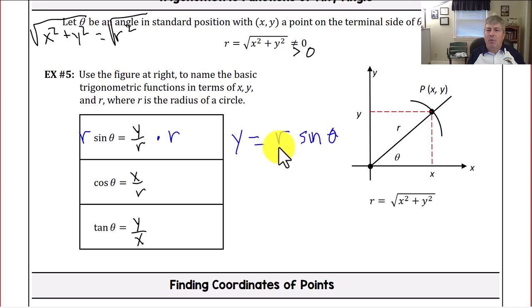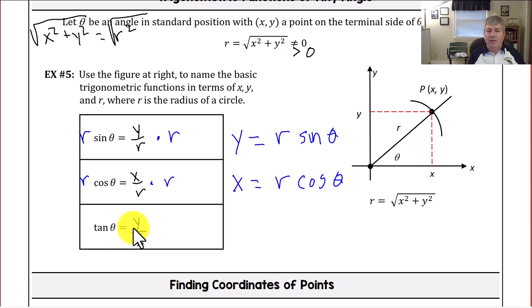And this is going to be important for us because r is not always 1. When we used the unit circle, r was 1, and so we kind of blew this off. But now if we have a radius that's not 1, this is going to be helpful in allowing us to find y. And we can do the same thing for cosine. Multiply both sides by r and isolate x, and we get x equals r cosine of theta.